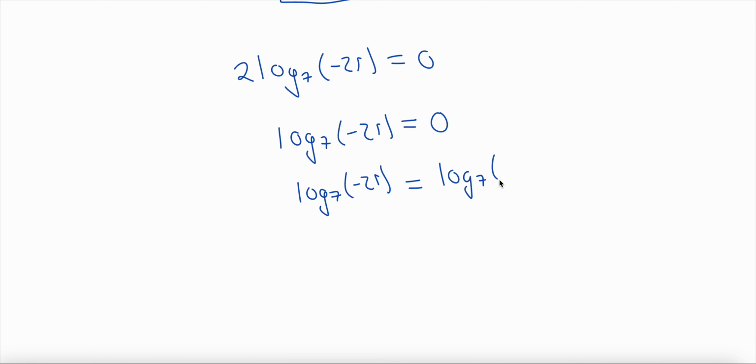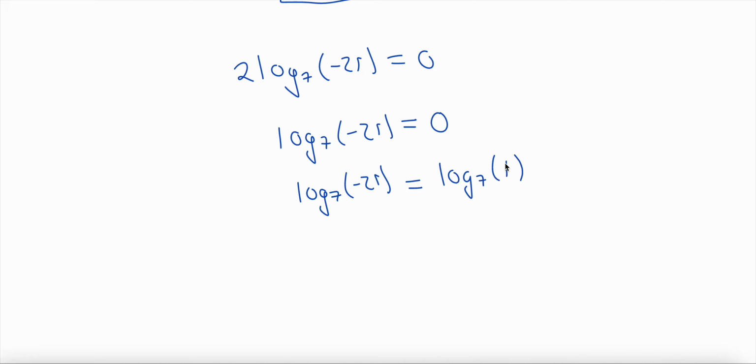Well, we can look up right here, and we need to put in here what 7 raised to 0 is. And 7 raised to 0 is 1. And we can check this. So log base 7 of 1, well, that's the number that we need to raise 7 to get 1, which of course is going to be 0.